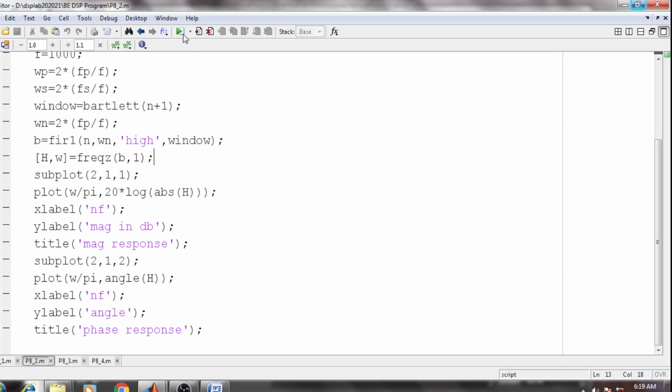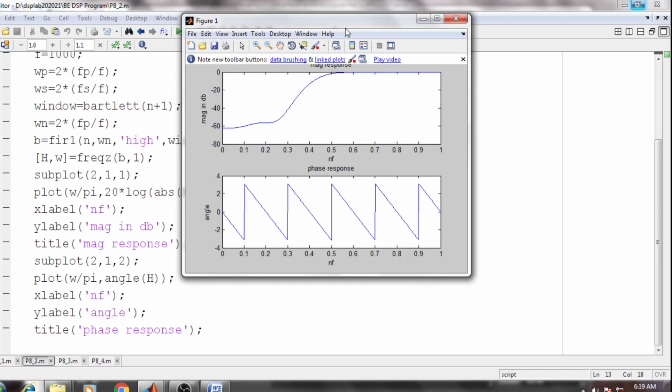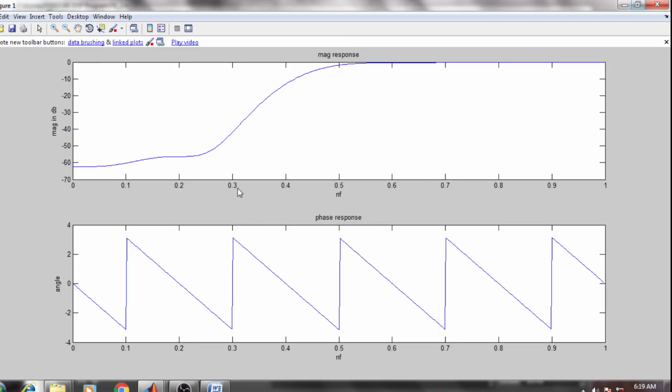See, if you run it, you will get the output as observable. Here you can see the response is for a high pass filter, not a low pass filter. Near about 600 hertz you will get the flat response, and below 600 hertz you will see there is a stop band.